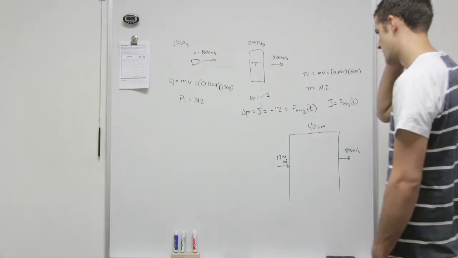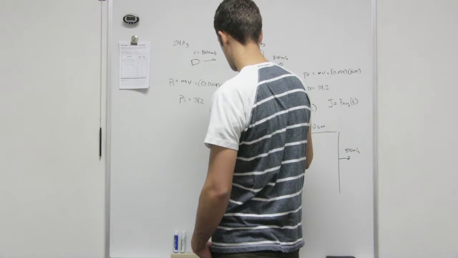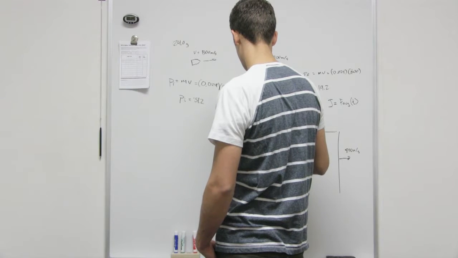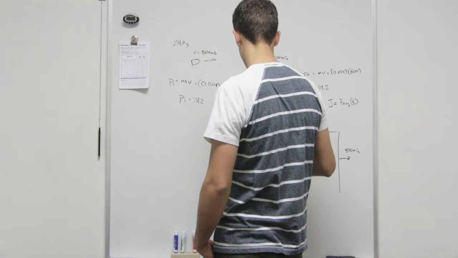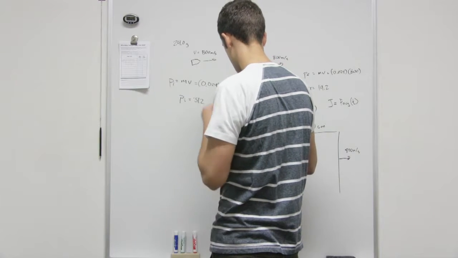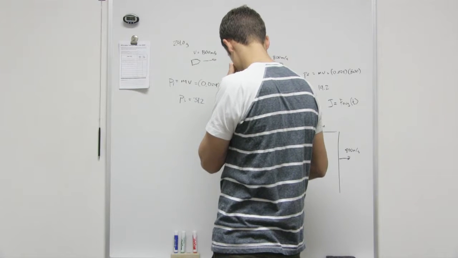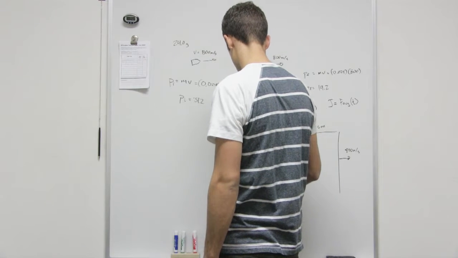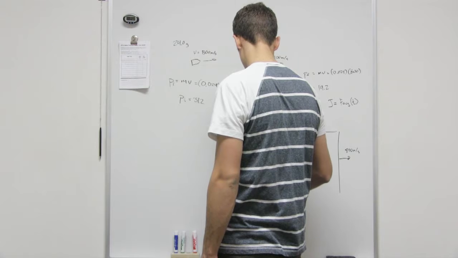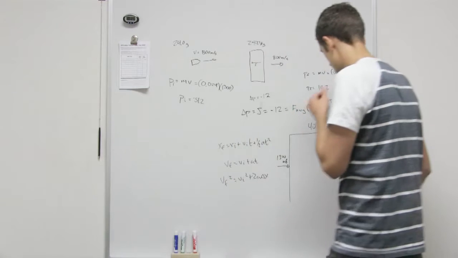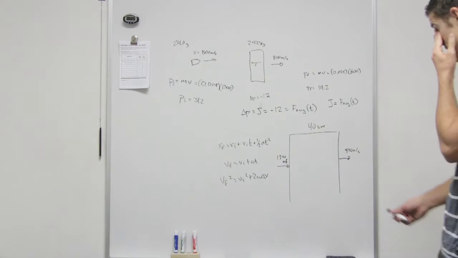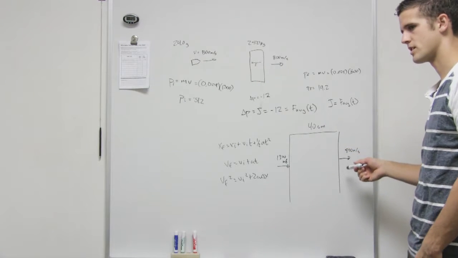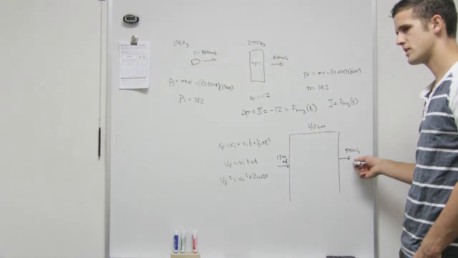Looking at the kinematic equations, x final equals x initial plus v initial t plus 1/2 at squared, and v final equals v initial plus at. Given what we know, it came in at 1,300 meters per second, traveled 40 centimeters, and left at 800 meters per second.